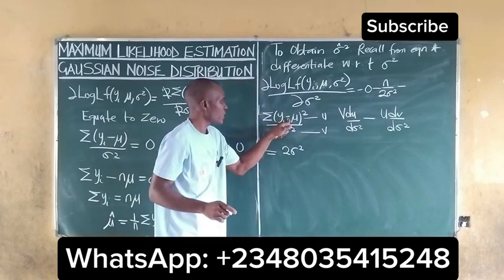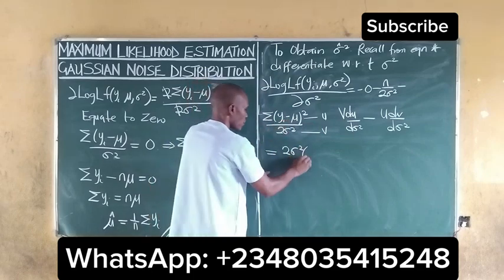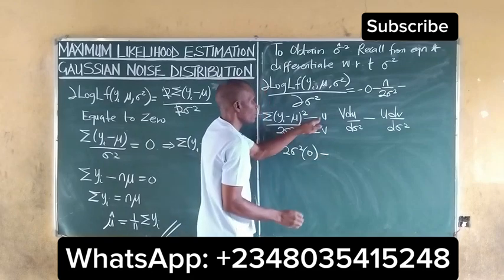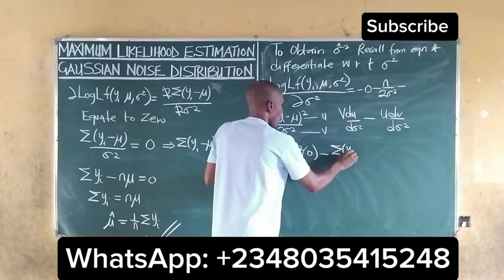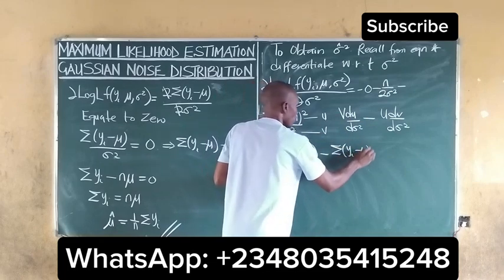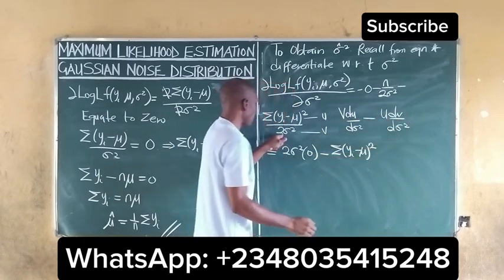If we differentiate u with respect to sigma squared, there is no sigma squared parameter, so it becomes 0, minus, we bring down u, which is summation of yi minus mu raised to the power of 2, times dv all over dsigma squared.